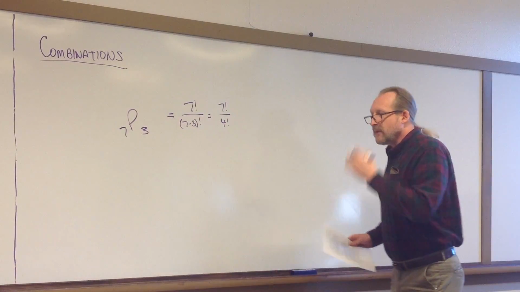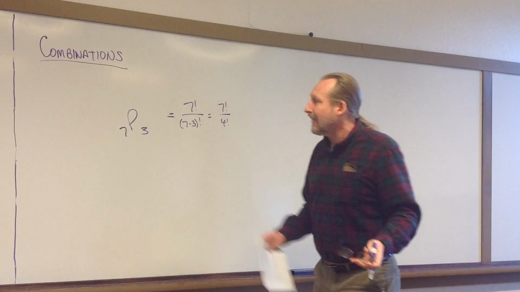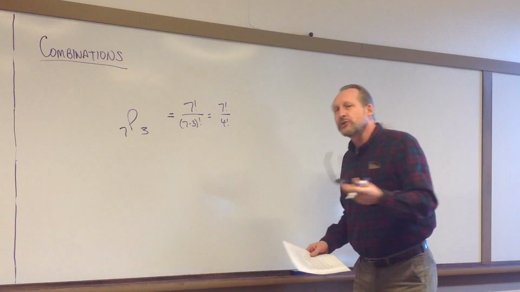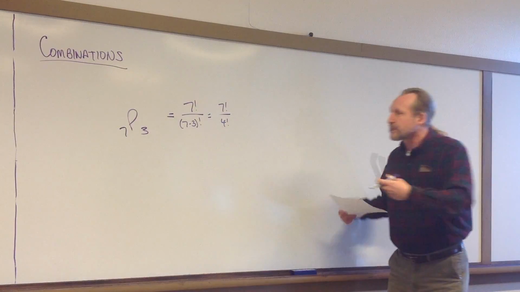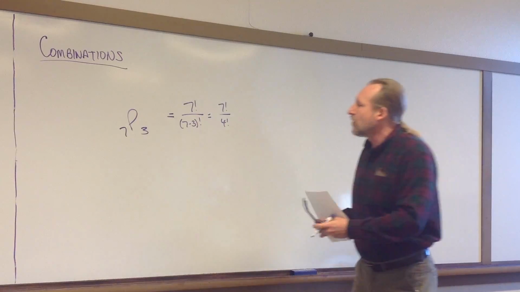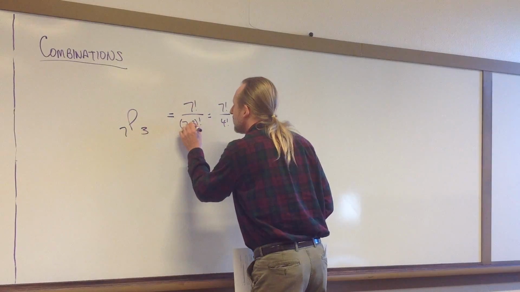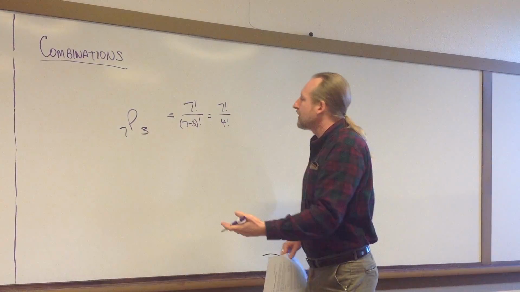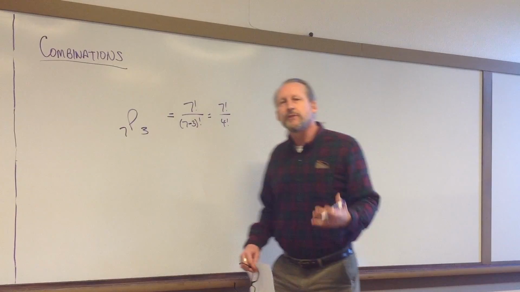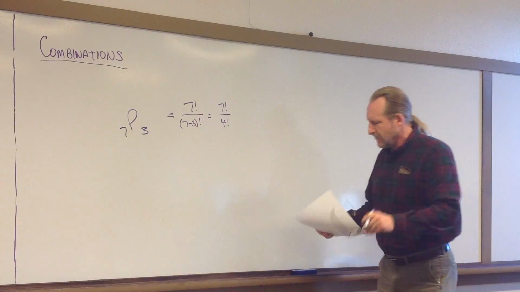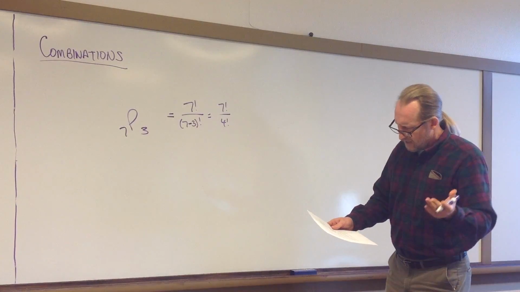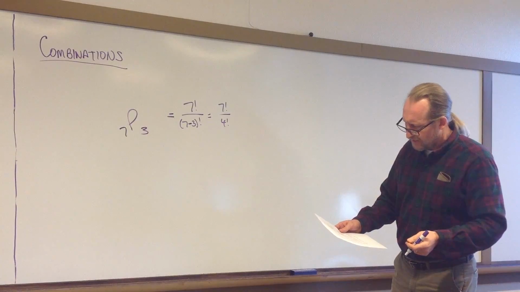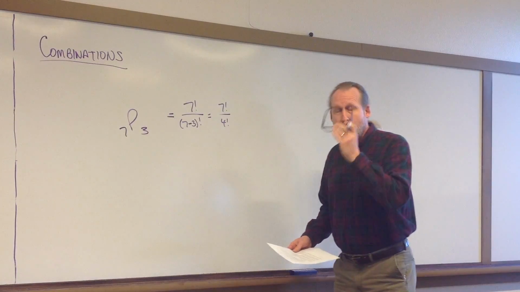Now, if we want to make the same type of selection, except in a situation where the order or assignment of roles is no longer a consideration, then we have to realize that all of these groups of 3 that we're choosing, some of them are going to be repeats, right? And I give you an example there for first place, second place, and third place with Alice, Bob, and Charlie.